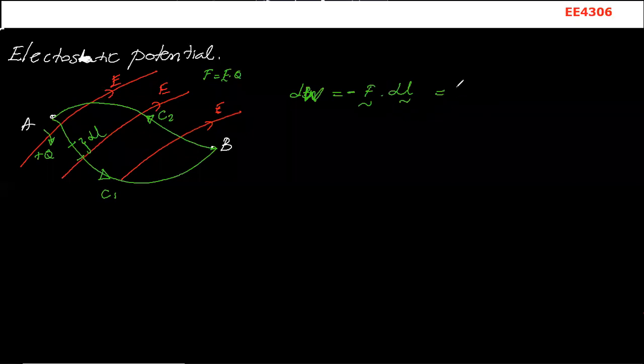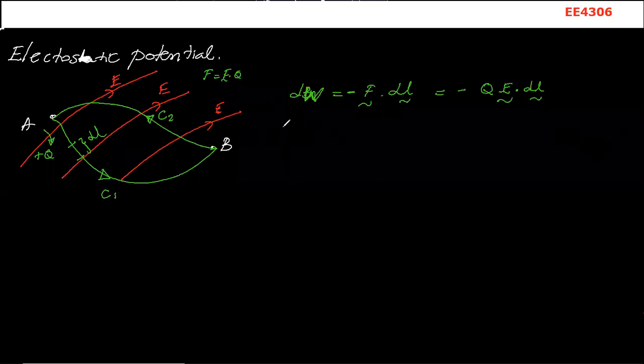Therefore, if you substitute here, minus Q into electric field intensity into dl. You can write down something like this.